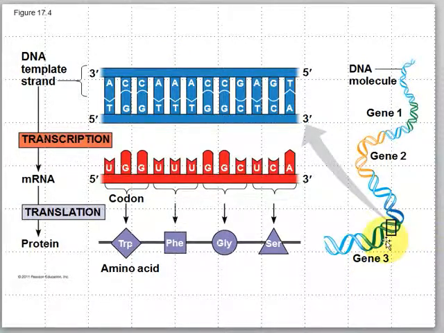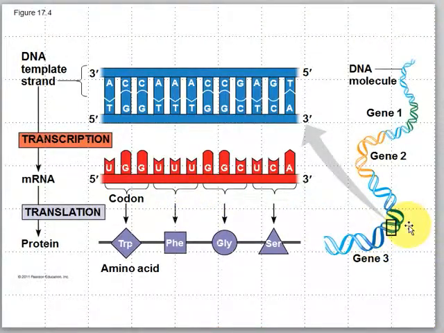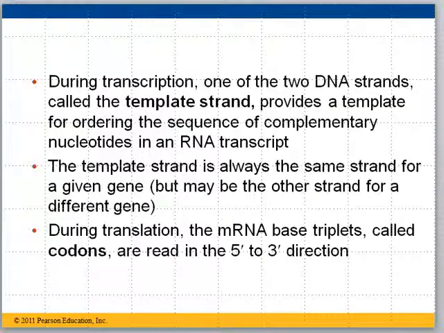So for gene 3, the top strand was the template strand. But for gene 2, it could have been the bottom strand. It differs depending on the gene. So the template strand is always the same for that gene, but that doesn't mean that every gene uses the top strand or every gene uses the bottom strand. So for gene 3, it's always the top, but gene 2 could possibly be the bottom.